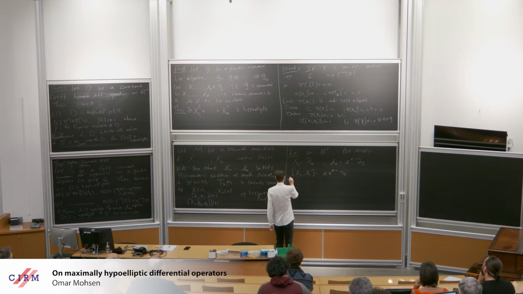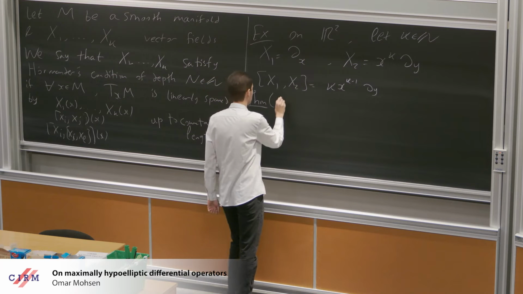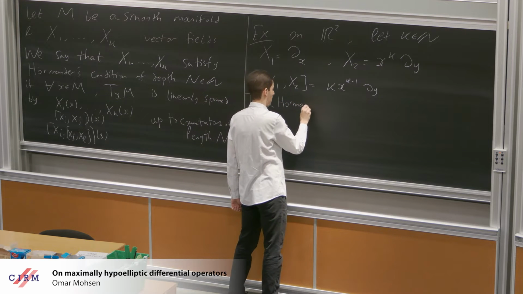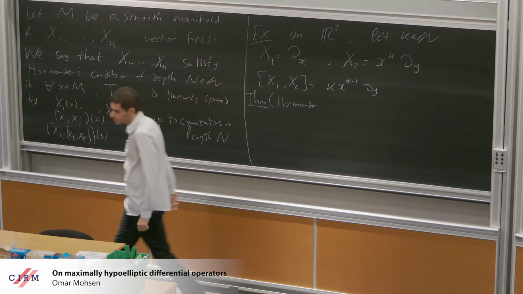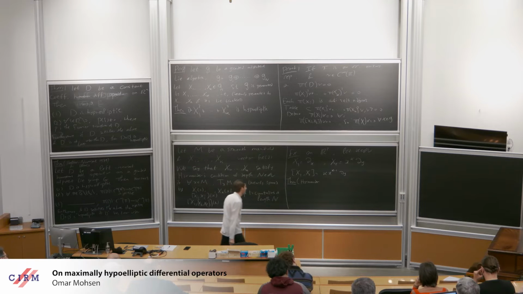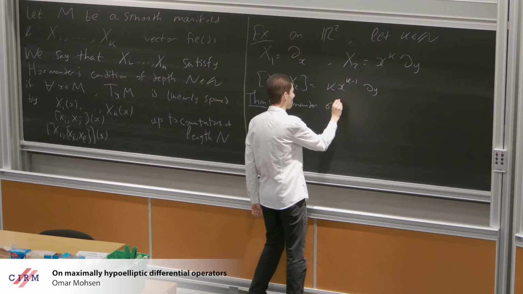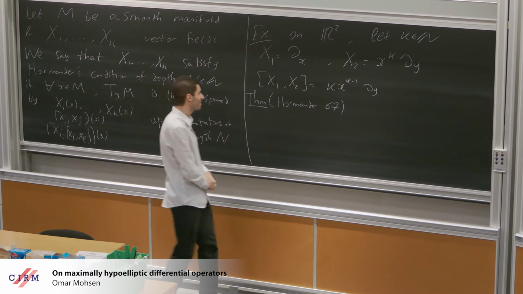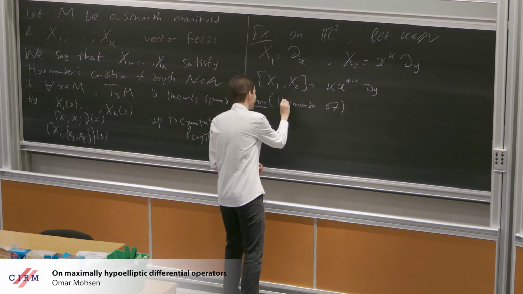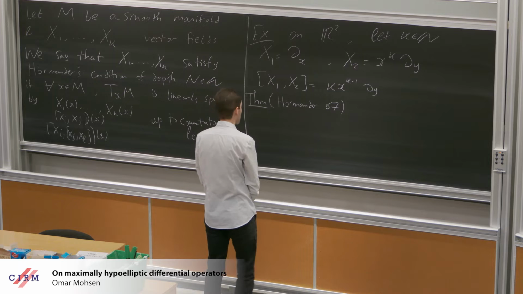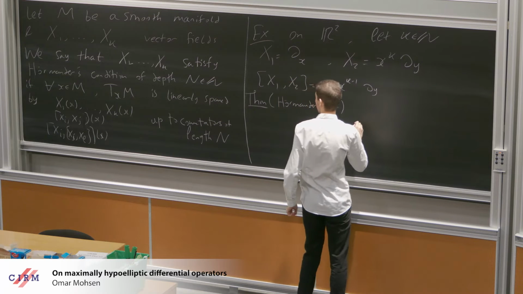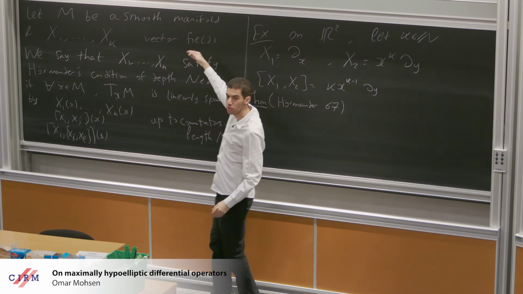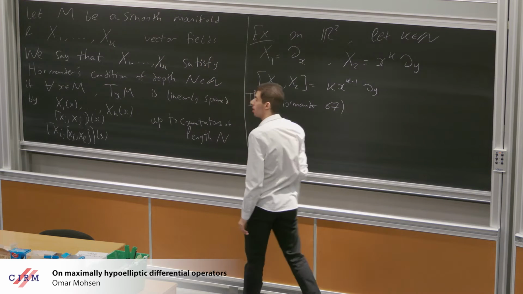Now, a theorem by Hormander, which is 67. This is probably the only part I prepared. So Hormander proves the following. Again, M is a smooth manifold and the X are vector fields satisfying Hormander's condition.